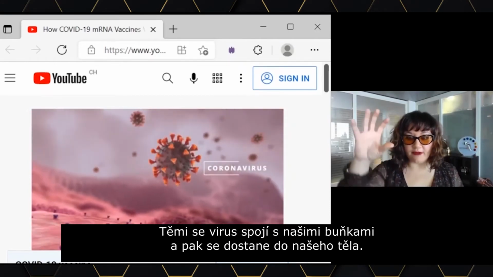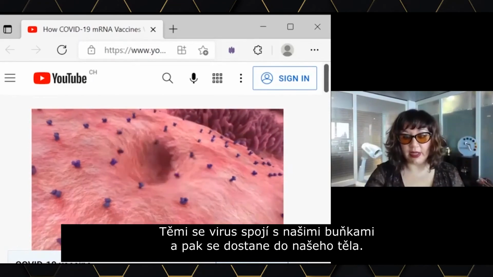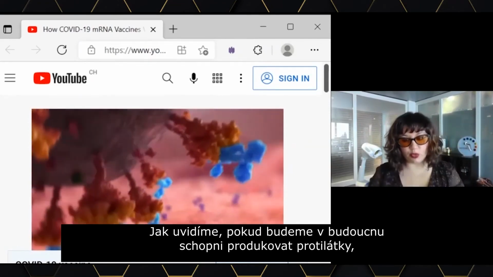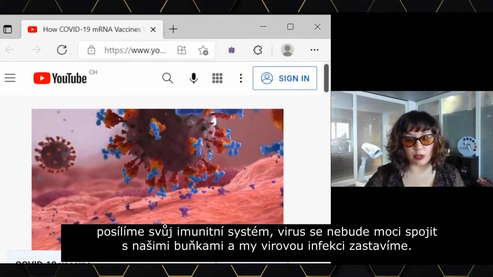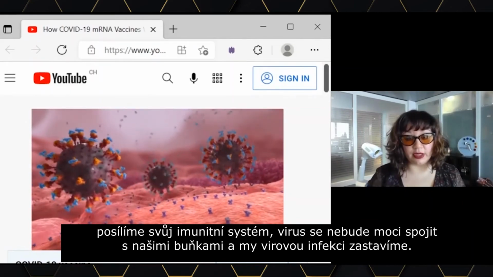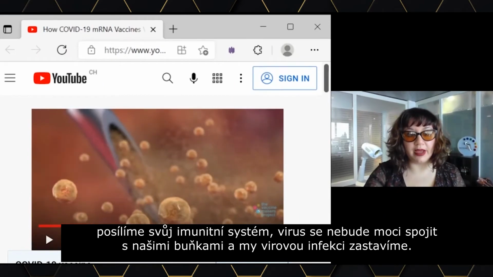This is how the virus will connect with our cells and then enter our body. Then in the future, as we will see now, if we are able to produce these antibodies, if we boost our immune system to that, the virus will not be able to connect to our cells and we will stop the viral infection. I will come back to that in a moment.